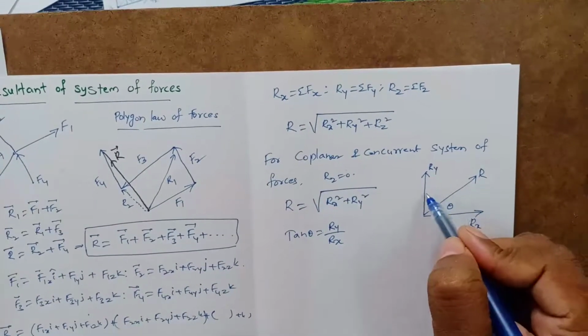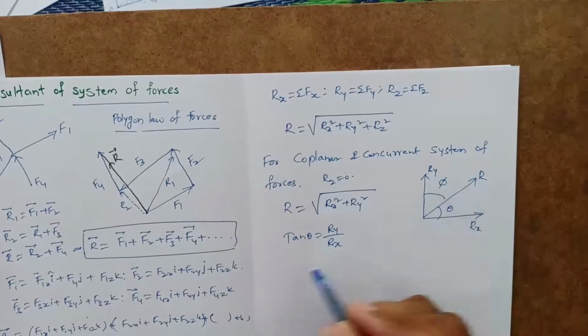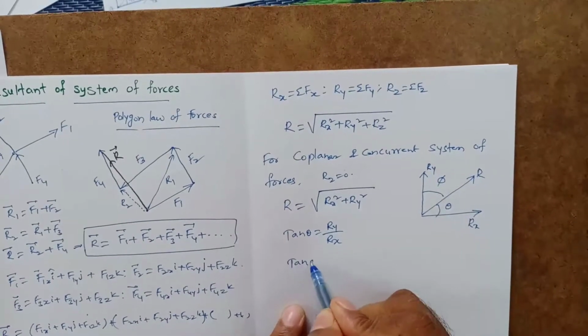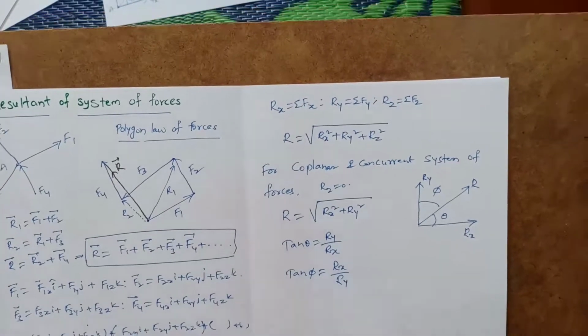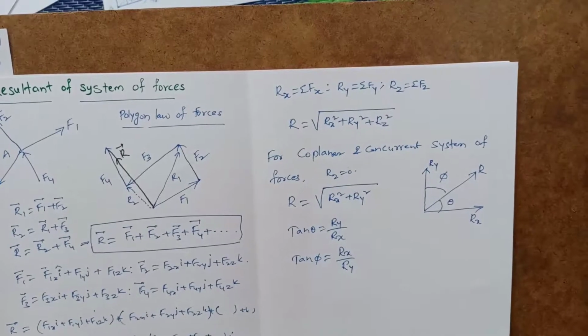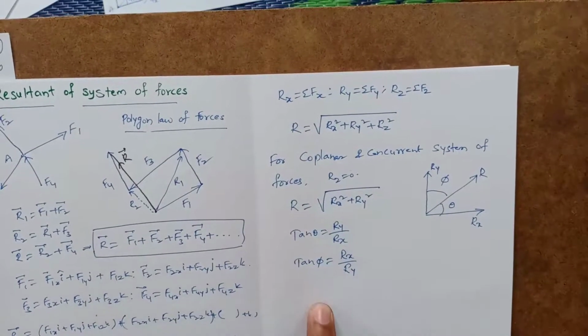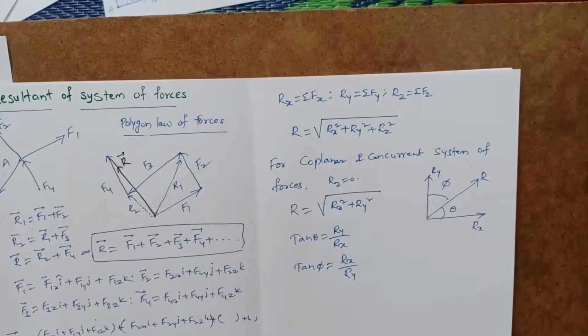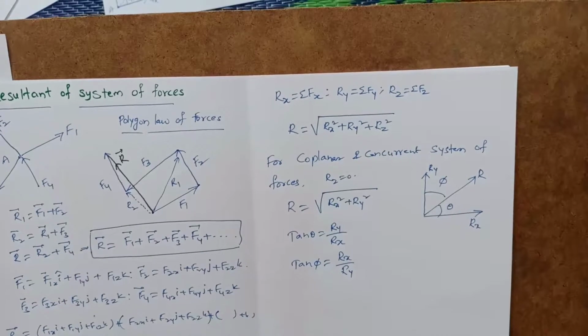Or if you are describing this resultant force with respect to the y-axis, then tan phi is equal to rx by ry. So you may say that r is making an angle theta with the x-axis, or an angle phi with the y-axis, such that the relation is given here. So this is how we can find the resultant force using the method of resolution.